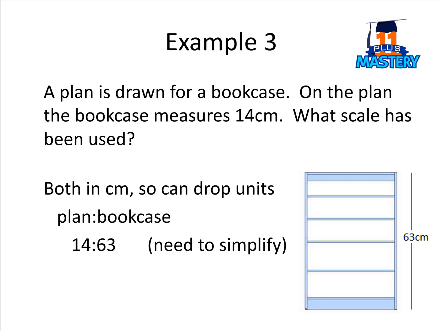But you will remember that ratios are always in their lowest terms. So I need to simplify. What goes into 14 and 63? 7 does. So I'm going to divide both sides by 7. This gives me a scale of 2 to 9.